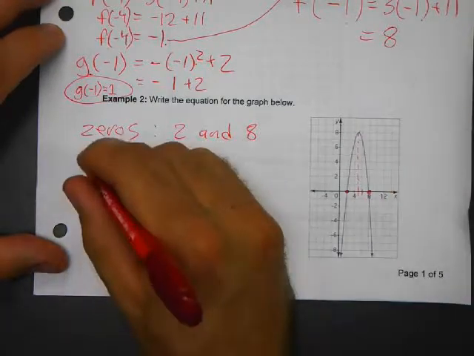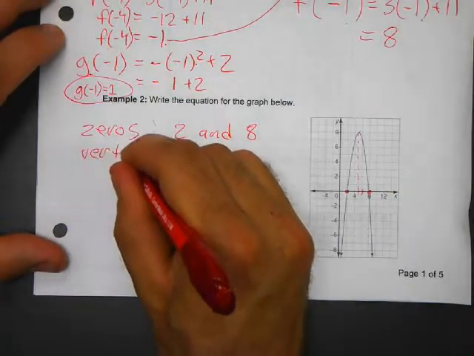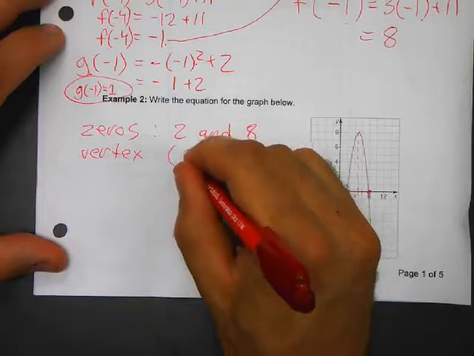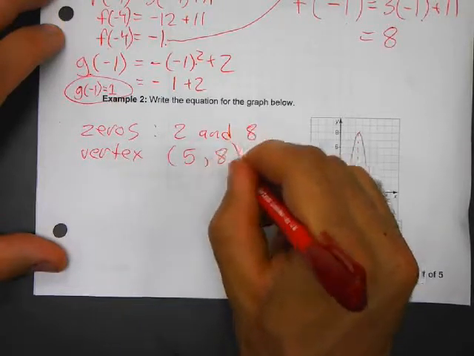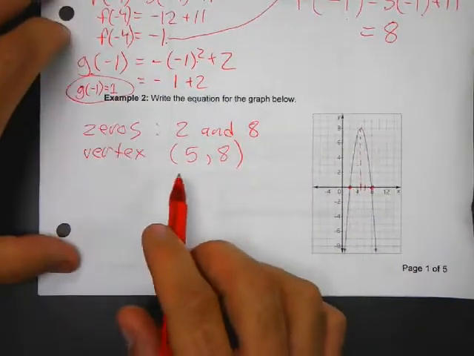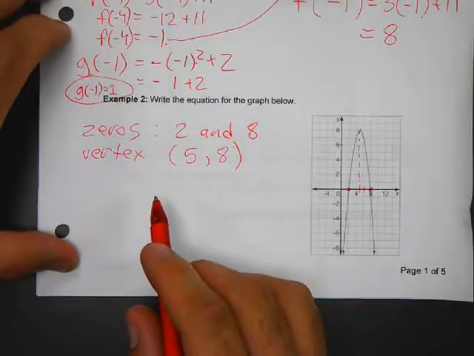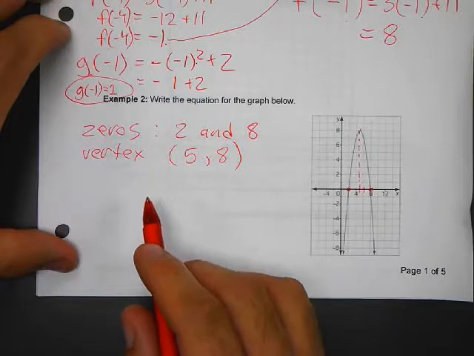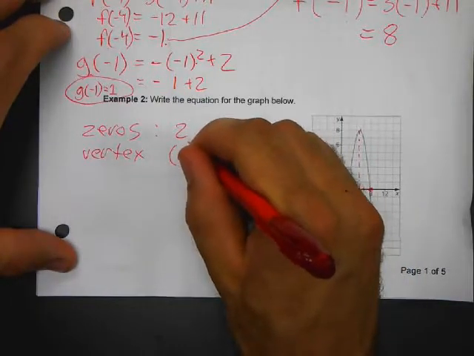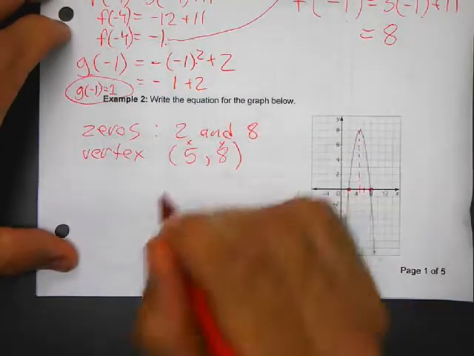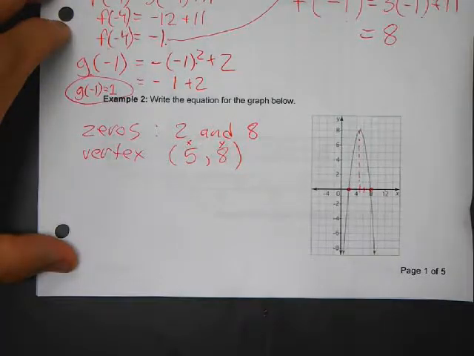So the vertex is at 5, 8. Now, what I like to do is practice the last couple letters near the end of the alphabet, X, Y. You don't even need the Z. So this is the X, this is the Y of the vertex. We're going to use that in a minute.